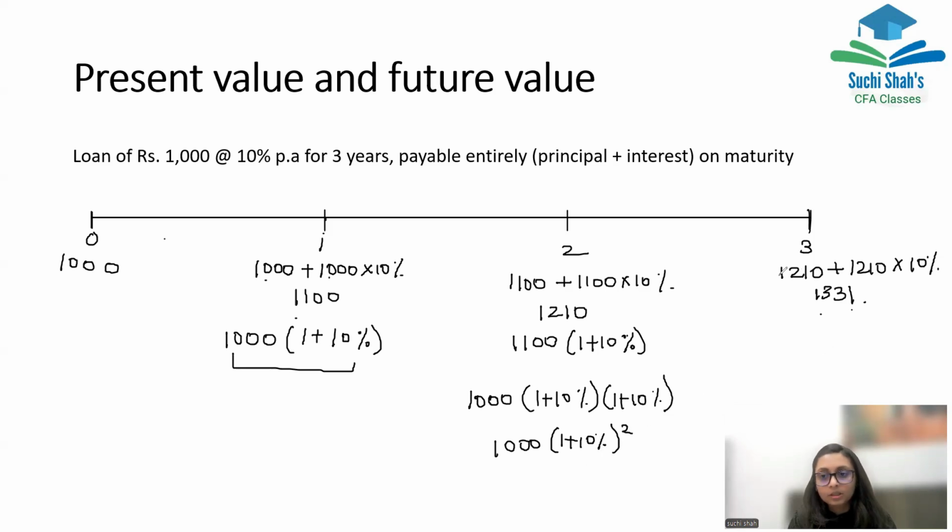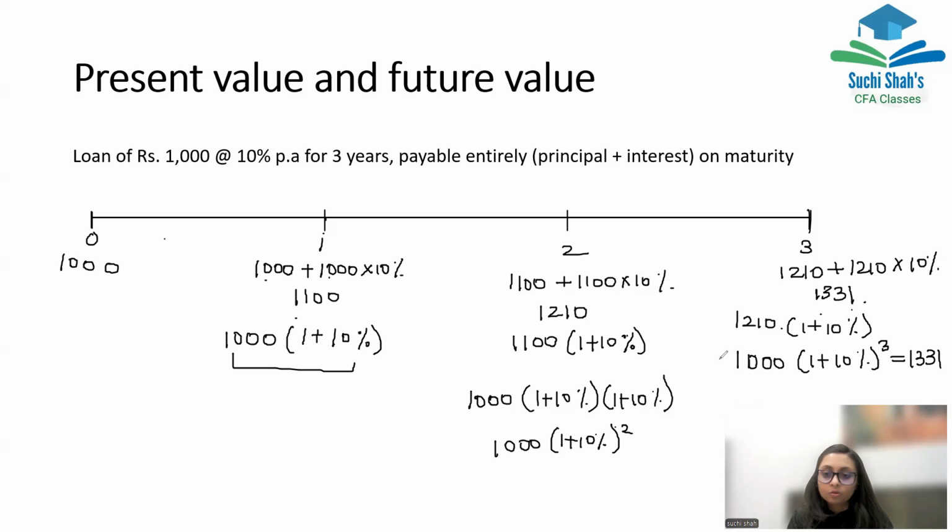Yes. Now here I can take 1,210 common. And 1,210 is nothing but this thing. Yes. So I can again rewrite it like this. 1,000 into 1 plus 10%. This was square and this is 1. So total cube हो जाएगा. This will give you 1,331.